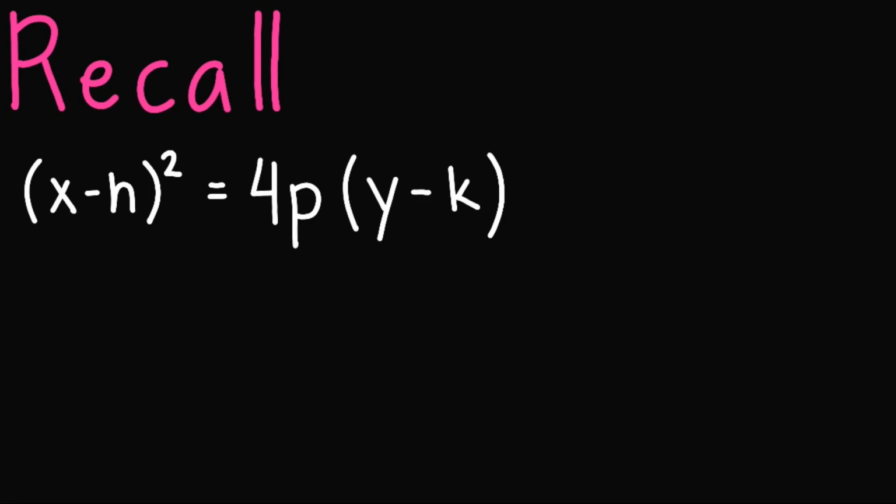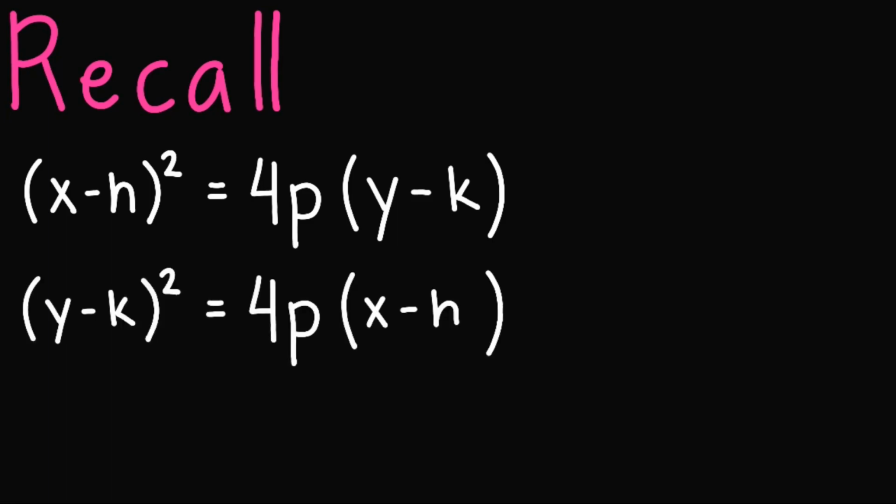Hi there. Before we start, I would just like to clarify something. Recall that in the previous videos, I kept mentioning that the parabola forms x minus h squared equals 4p times y minus k and y minus k squared equals 4p times x minus h are called the vertex form.